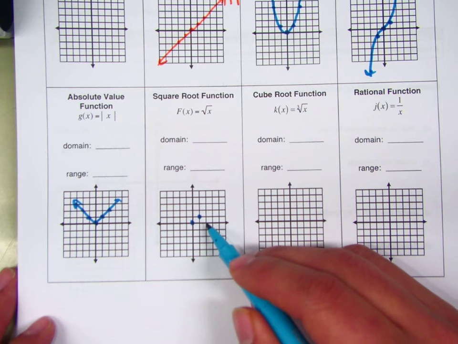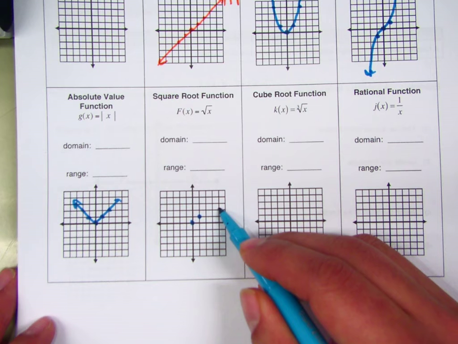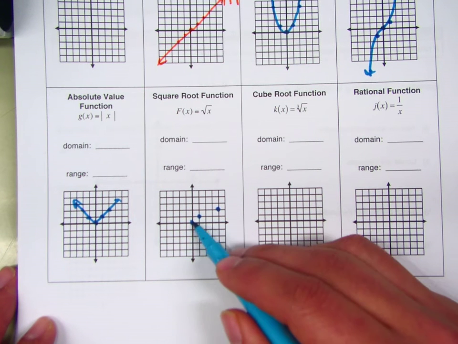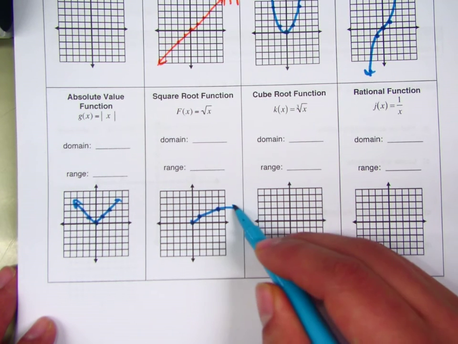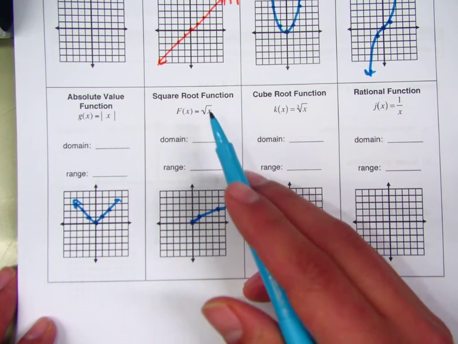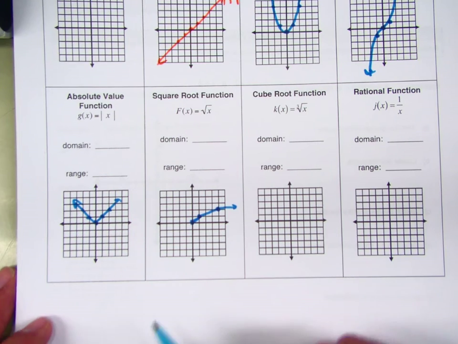The square root of 2 is not really a good number to use, right? The square root of 3, still not good. But what's the square root of 4? 2. So then we get a nice point over here. Do you guys see where I'm getting that from? Yeah. Okay. And so we get a graph that looks something like this. You can't plug in a negative into a square root, so you're not going to get anything out of that. So this is it.